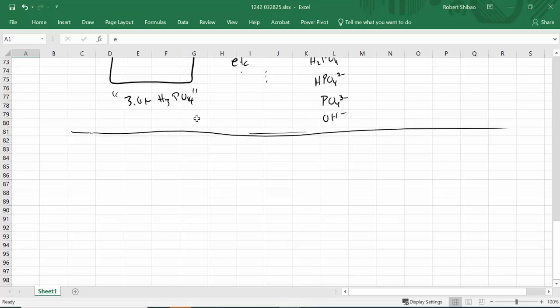So the next example here would be sulfuric acid. Sulfuric acid has a Ka1 of very large, and then Ka2. Ka2 is 1.5 times 10 to the minus 2, so 0.015.